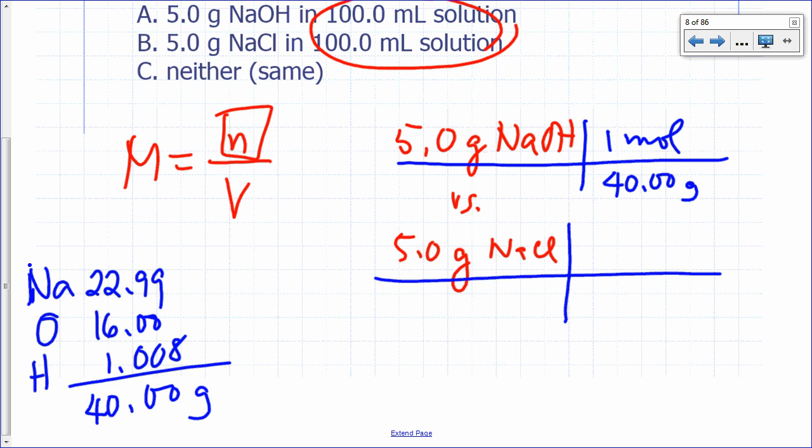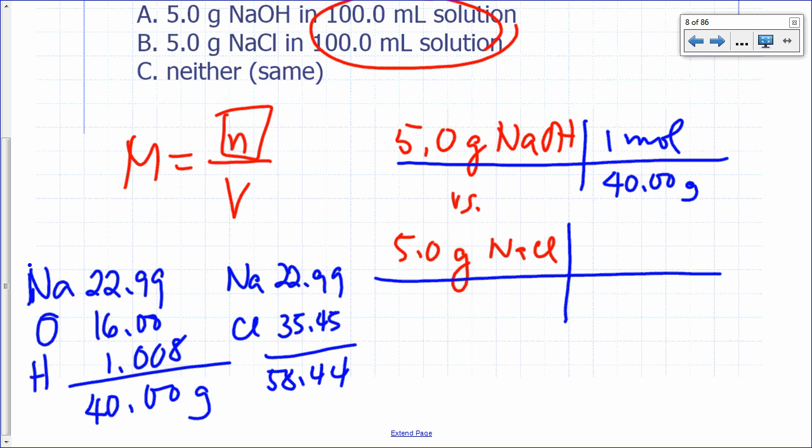Whereas this one, sodium chloride, we've done this earlier, 22.99, and chlorine is 35.45. That gives you 58.44 grams per mole. So multiply by a mole over 58.44 grams. Okay, which one's bigger?